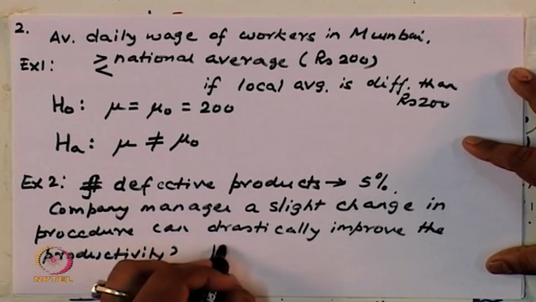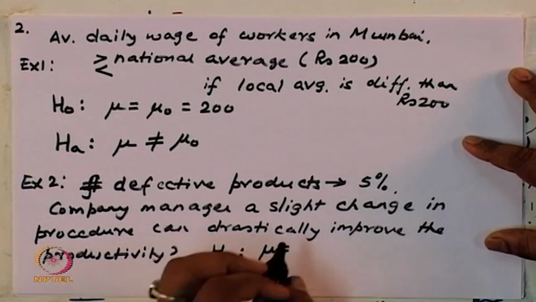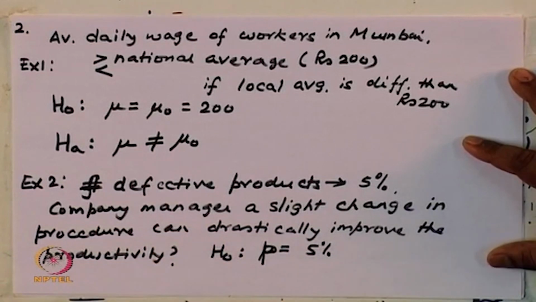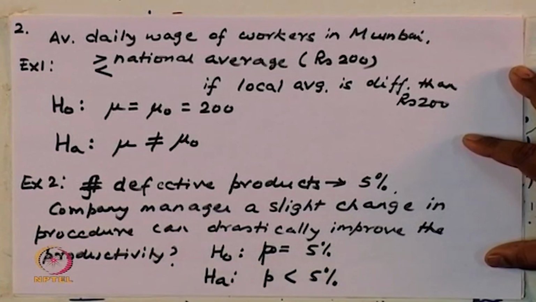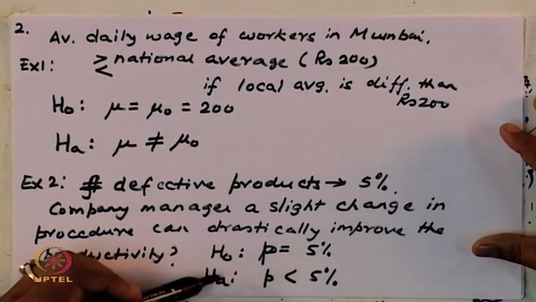So, in this case, my H naught is mu equal to 5%, or I can write P equal to 5%, and the alternate hypothesis is P is less than 5%. Here I only care whether this has drastically changed.